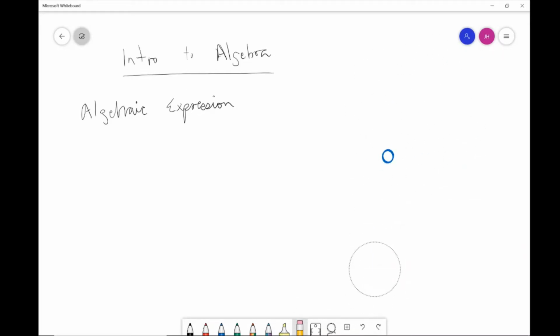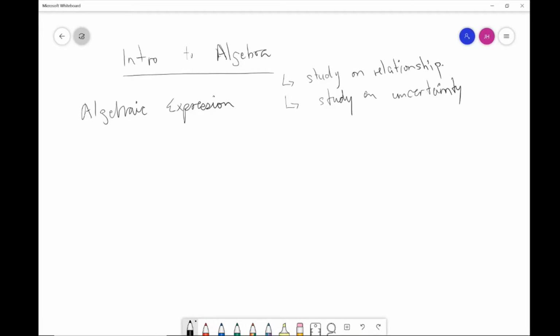But now that we enter the realm of algebra, algebra is pretty much a study on relationships. It's a study on uncertainty. What makes algebra so distinguished is that there's always a variable.